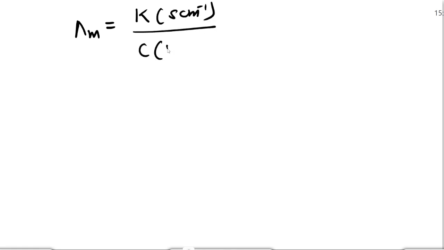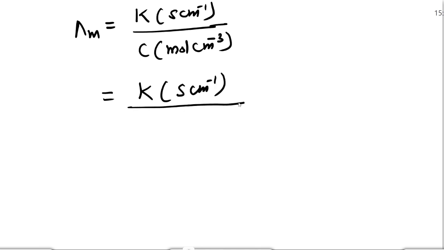So molar conductivity is equal to K divided by concentration, and K is in S per centimeter. So concentration should be in mole per centimeter cube, because unit is S centimeter square per mole.